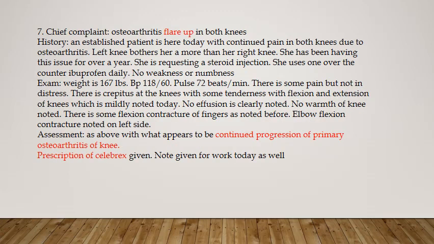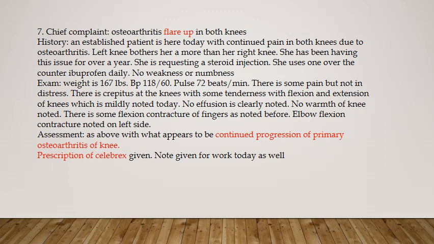Moving on to the next question. The chief complaint is osteoarthritis flare-up in both knees. History: an established patient is here today with continued pain in both knees due to osteoarthritis. The left knee bothers her more than the right knee. She has been having this issue for over a year. She is requesting a steroid injection. She uses one over-the-counter ibuprofen daily.